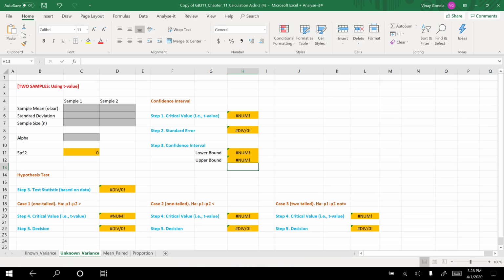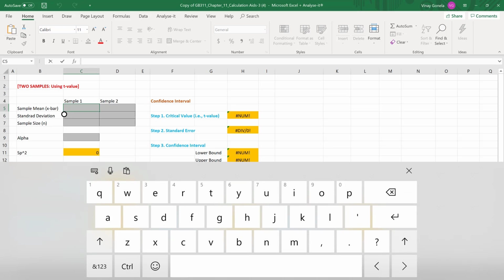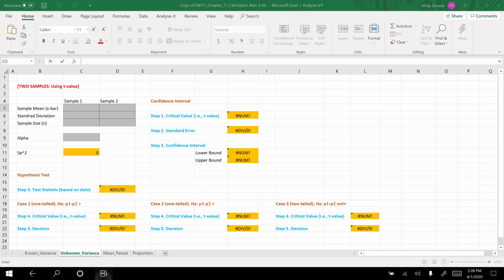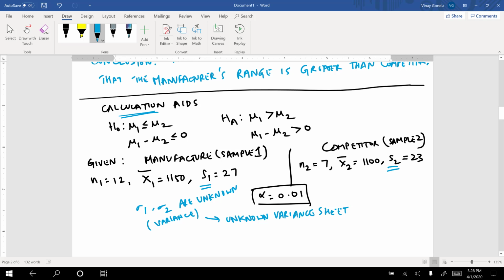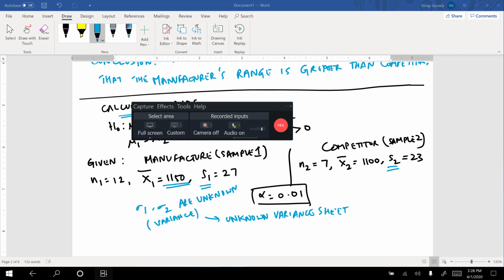So in this gray area you will be typing in the values. So the first thing we need is sample mean for sample 1. So sample mean for sample 1 is 1150. So I will do 1150 here.